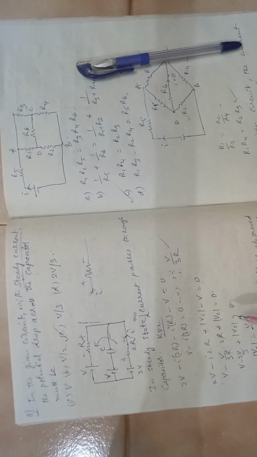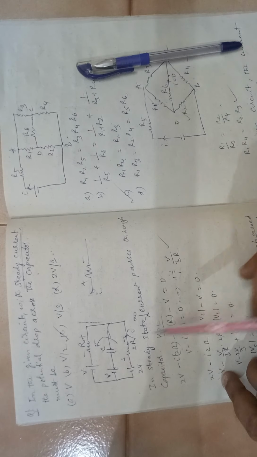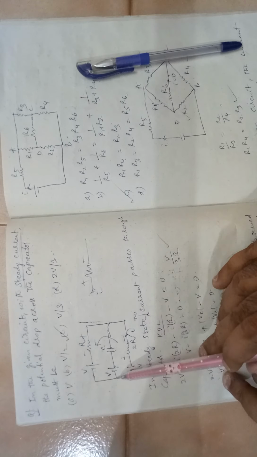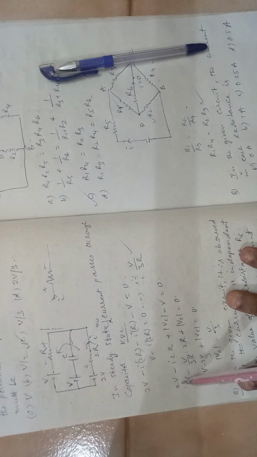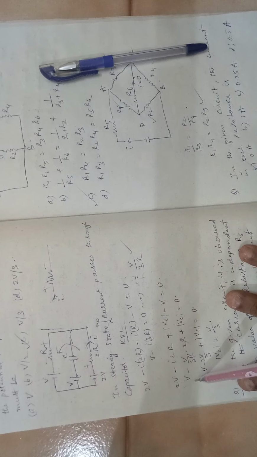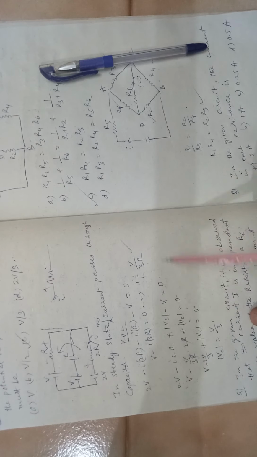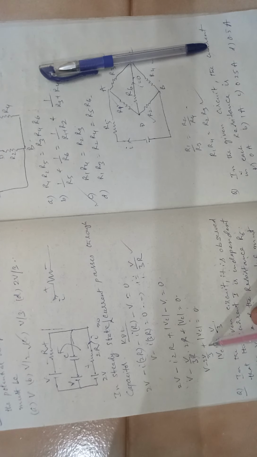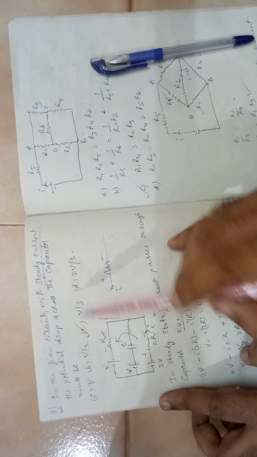I am taking the mod value because I don't know whether it is a potential rise or drop, minus V. I have taken the bottom loop. So 2V minus V becomes V, I is V by 3R, put here into 2R, plus Vc is equal to 0. So R, R cancel, this becomes 2V by 3. V minus 2V by 3 plus Vc is equal to 0, or Vc is equal to V by 3. So option C is the correct answer.